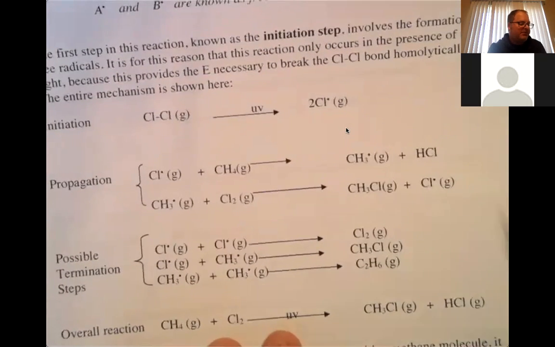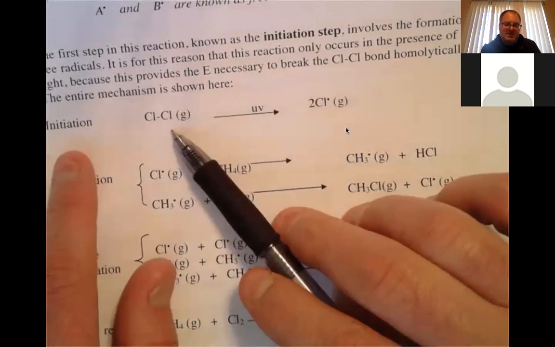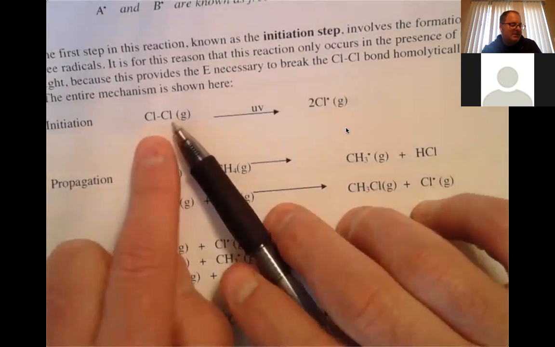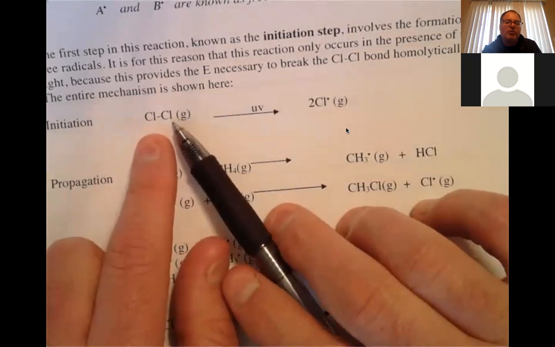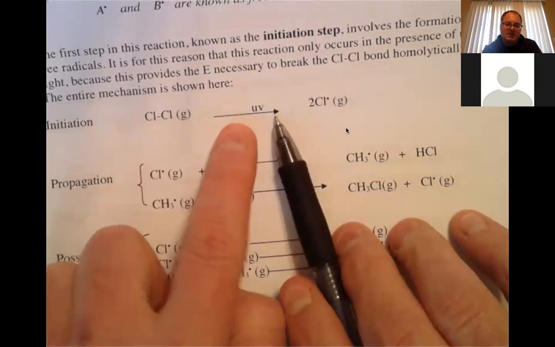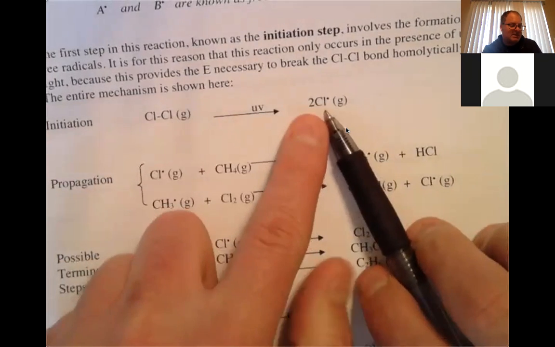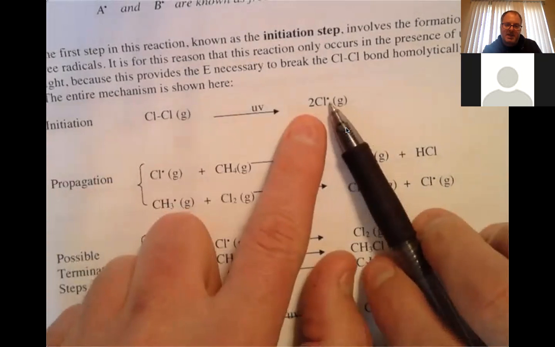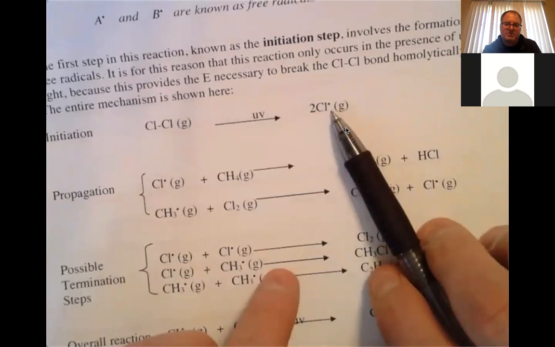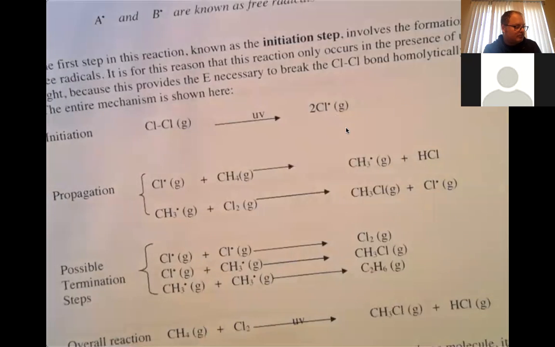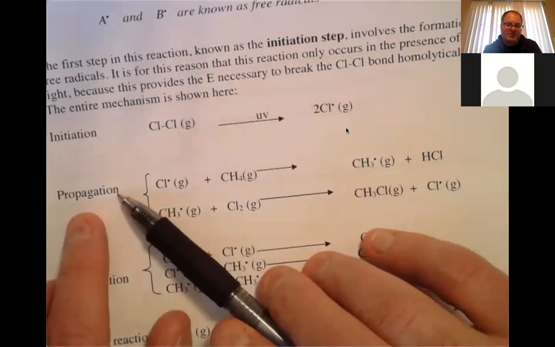So the first step is known as the initiation step. That is the radicalization of the chlorine by using the ultraviolet light. And then you would just write this with 1 dot because it has that extra electron from the free radical. There you go. The next step is propagation.